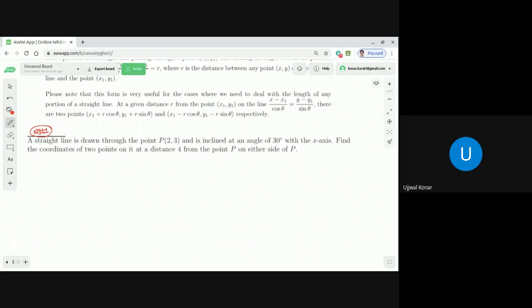Let's make a visual representation of this problem first. Coordinate geometry, visual representation makes a lot of sense, dear students. So first let's draw the coordinate axes. This is the x-axis, this is the y-axis.